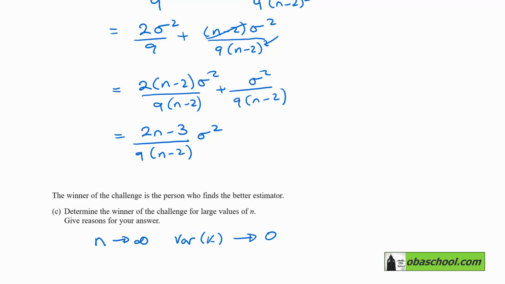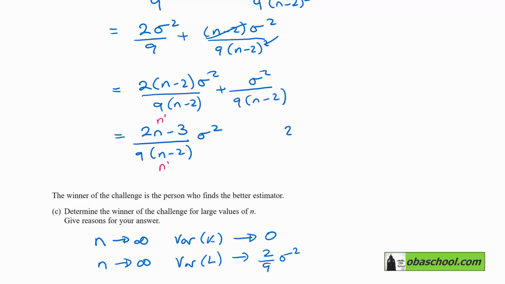But if we look at this one, we've got just n to the 1 on the top and n to the 1 on the bottom. And as n tends to infinity, the variance of L will actually just tend to 2/9 of sigma squared.